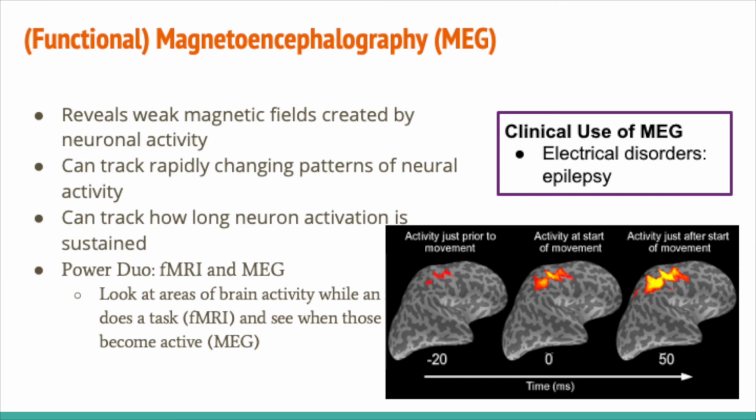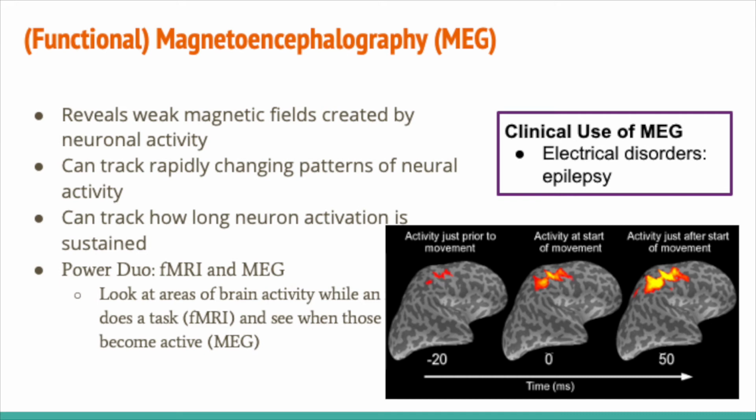The way magnetoencephalography, or MEG, works is that it reveals weak magnetic fields created by neuronal activity, and this is really useful because it can help us track rapidly changing patterns of neural activity. Along with that, you can also track how long neuronal activation is sustained.